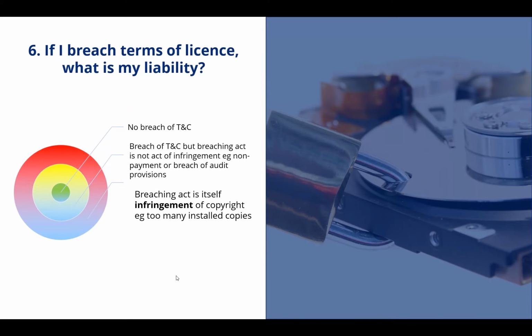So for instance, let's say that you do not pay, or you're late in payment. Does that mean you're infringing? Or you breach an audit provision? Until that license is terminated for breach, and they may not be able to terminate for breach. Often licenses will have clauses like, if it's capable of remedy, notice to remedy, and you don't remedy within 30 days.